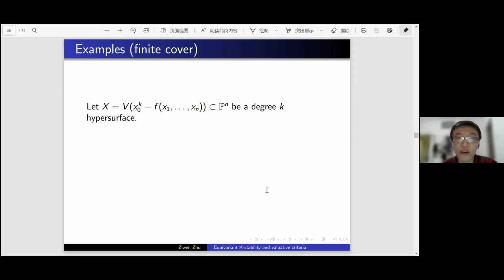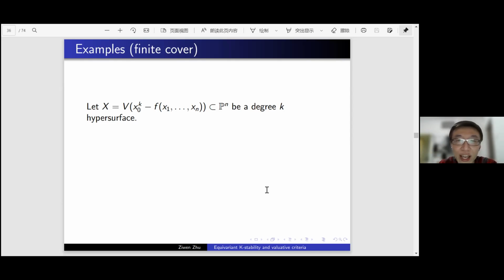Okay, so the last example I want to talk about is about finite covers. This is actually the example we considered when I first started talking about this question with Yuchen, about Q-Fano varieties with finite group action.